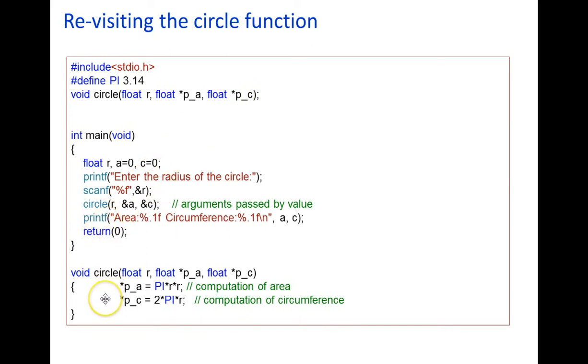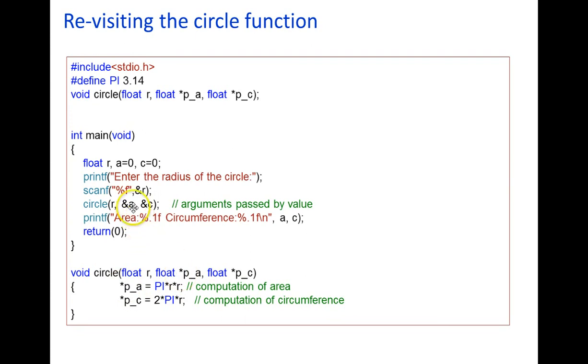If we go down and look at the actual function, again, void circle float R, float star P underscore A, float star P underscore C. That's exactly the same as this, except that there's no semicolon down here. And now what we're saying is this: follow the pointer, this one right here, back to the variable in the memory.